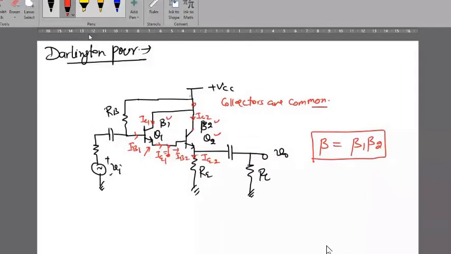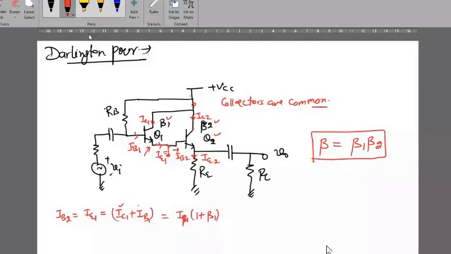So let me write it here. IB2 will be equal to IE1, and that will be equal to IC1 plus IB1. Okay, and here you can write it as IB1 (1 plus beta 1), because IC1 equals beta 1 times IB1.